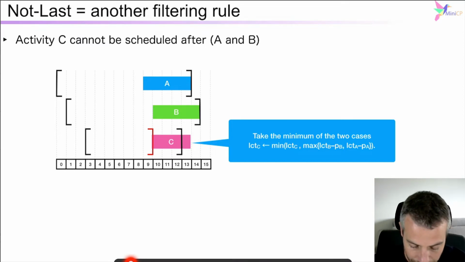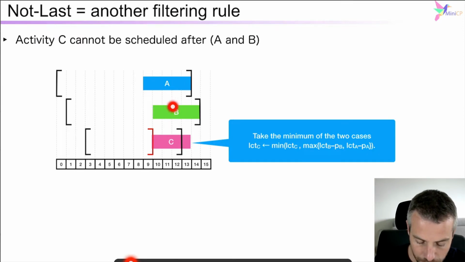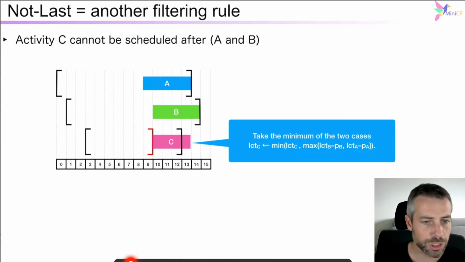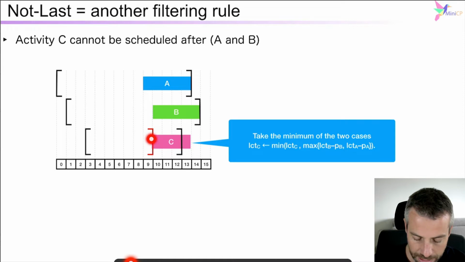We will take the maximum between the ends of the two values there, and we will use that value to update C. That value corresponds to B being placed after C. That value would correspond to A being placed after C. We take the maximum of the two situations because we surely do not want to remove any feasible solution, and therefore we will update the deadline of C, the latest completion time of C, to that date, right?